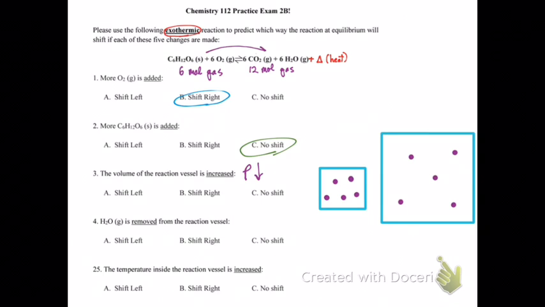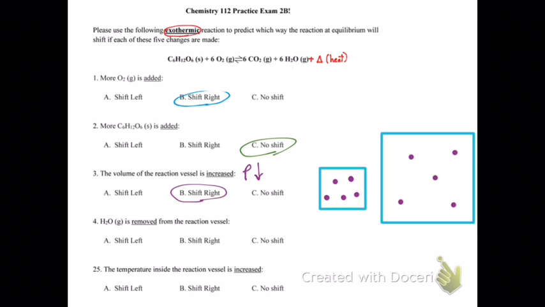So that means the reaction is going to shift to the right because 12 moles of gas corresponds to more pressure, in fact, twice as much pressure as 6 moles of gas would. So by shifting to the right, this is going to allow the reaction to help build up the pressure again. Now, if we decrease the size of the reaction vessel, if we made it smaller and caused the pressure to increase, then the reaction would shift to the side with fewer moles of gas.